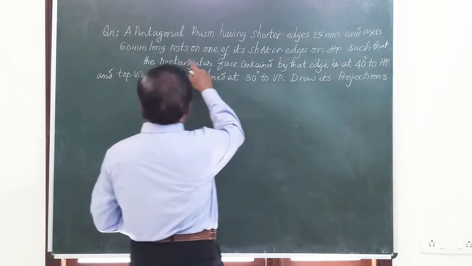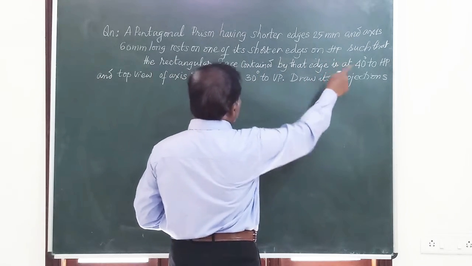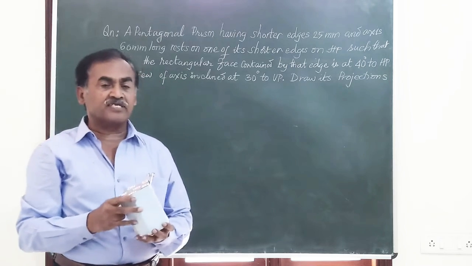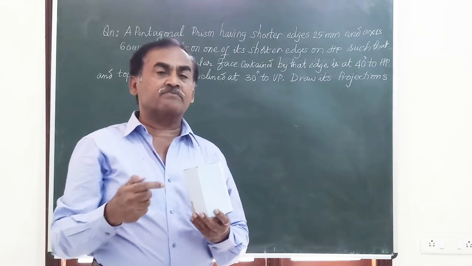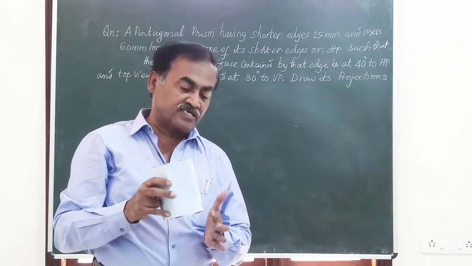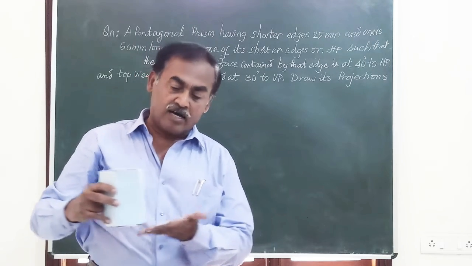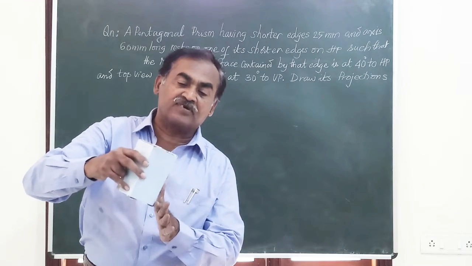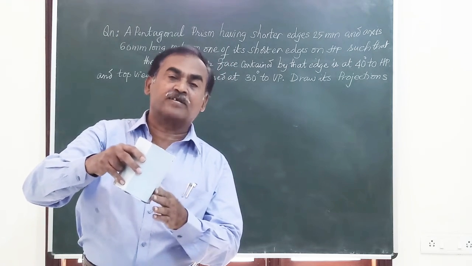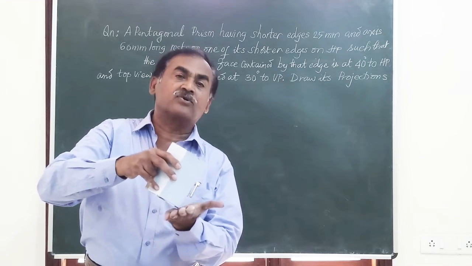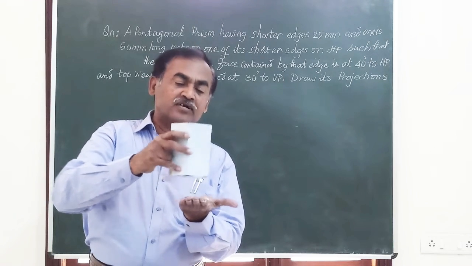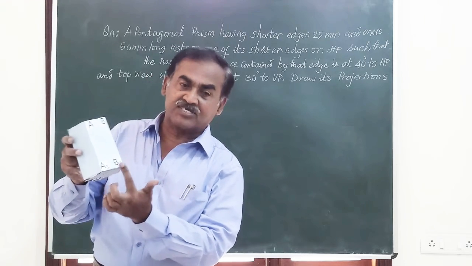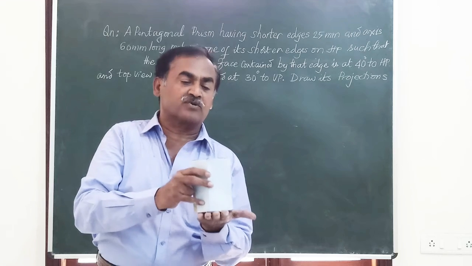So it is resting on one of the shorter edges on HP, such that the rectangular face, friends, see here, I told you the general rule that whenever this prism has to rest on one of its shorter edges or on one of its rectangular faces on HP, or the rectangular face inclined at an angle to HP, or the axis inclined to HP at an angle, we have to place the object on HP such that one of the shorter edges is to the right side of the observer.